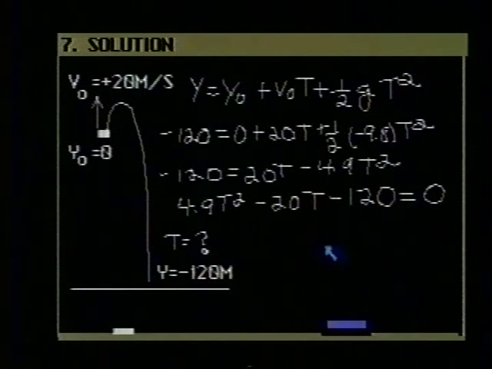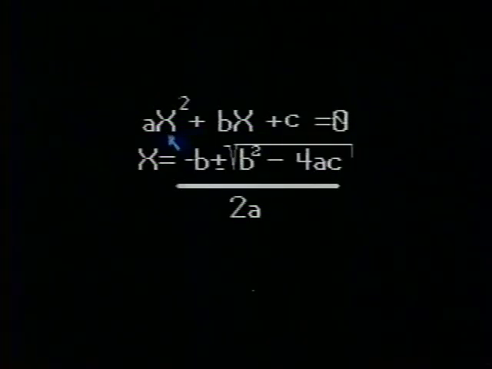This is a quadratic equation, and the solution to the equation of the form ax squared plus bx plus c equals 0 is x is equal to minus b plus or minus the square root of b squared minus 4ac over 2a. We'd like to apply that equation to our particular equation.